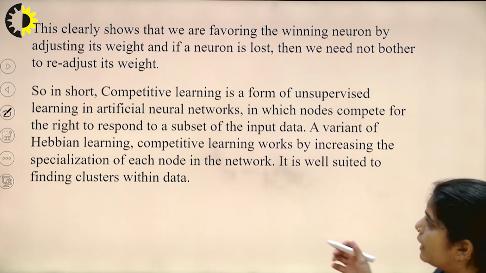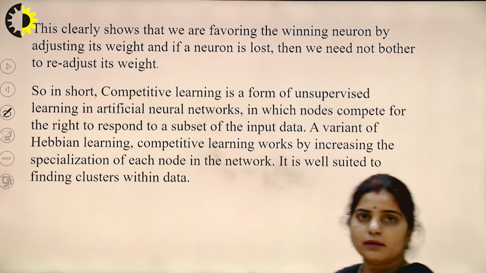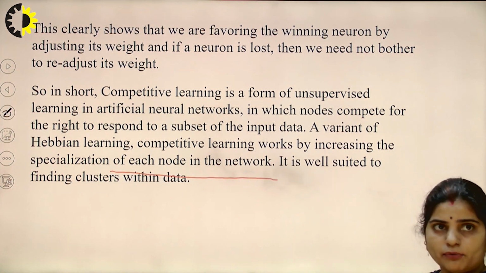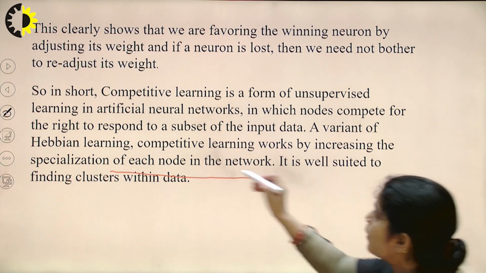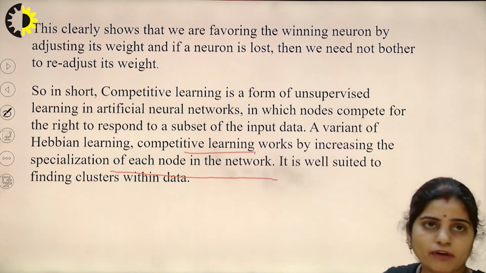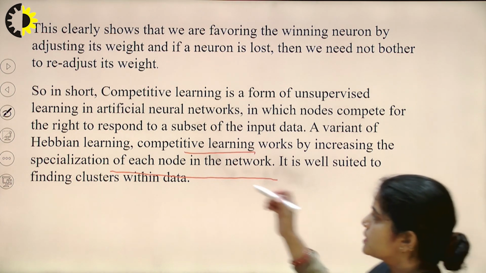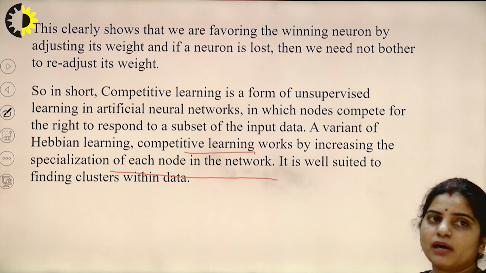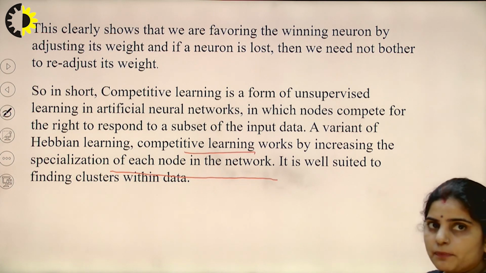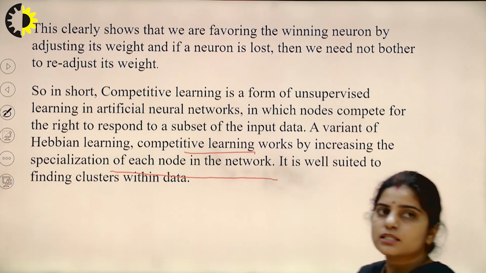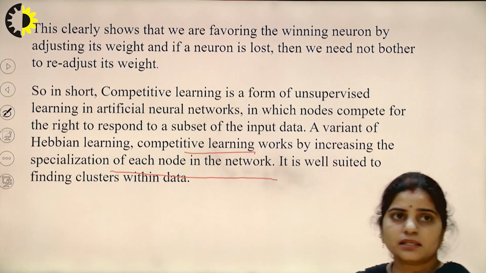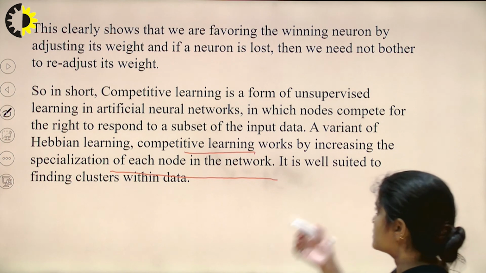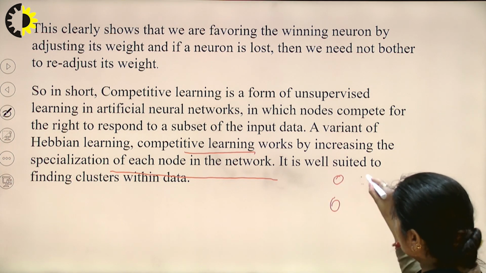A variant of Hebbian learning, competitive learning works by increasing the specialization of each node in the network, and it is well suited to find clusters within the data. I had already discussed clusters. Clusters contain data which exhibit similar characteristics, just like if you take this kind of data.